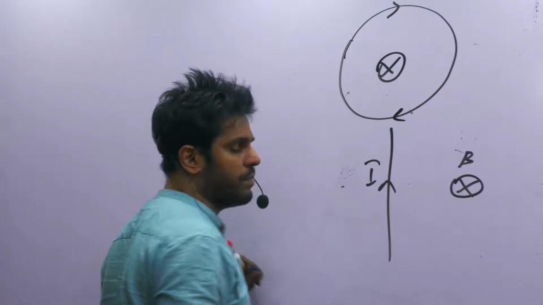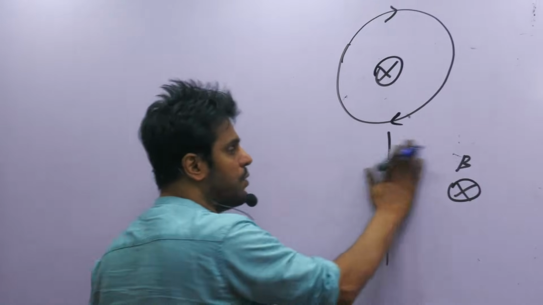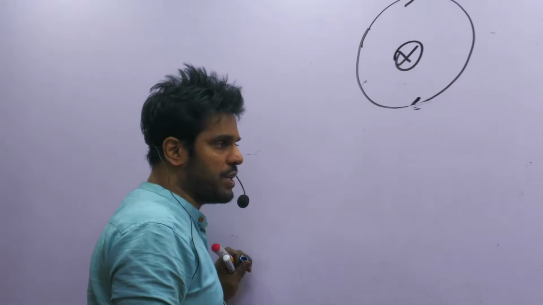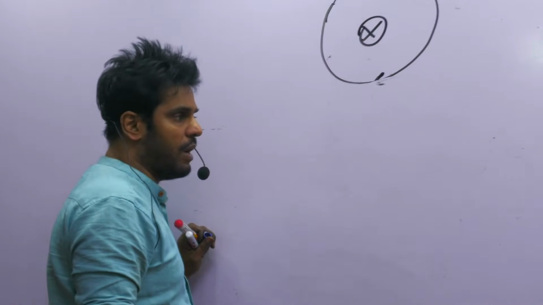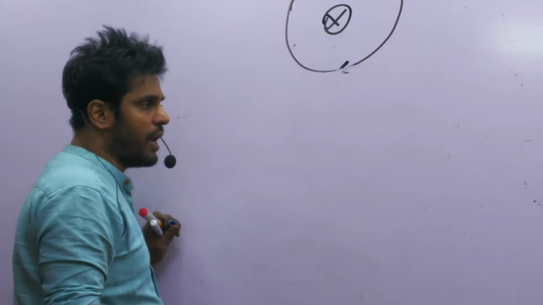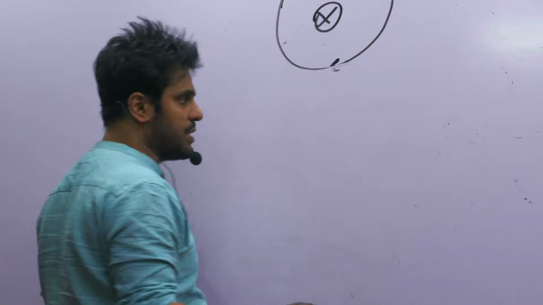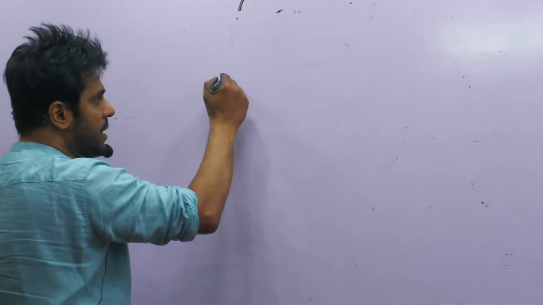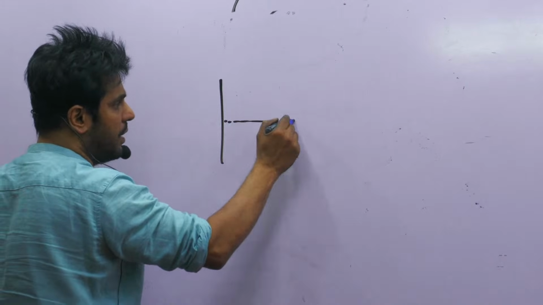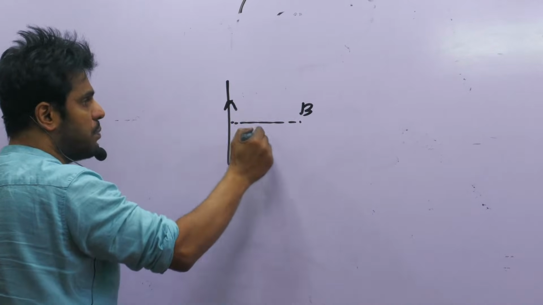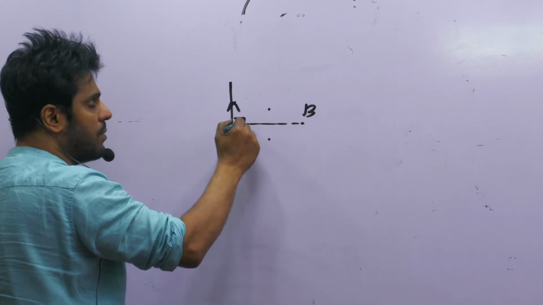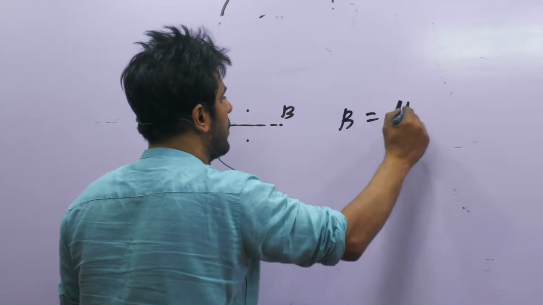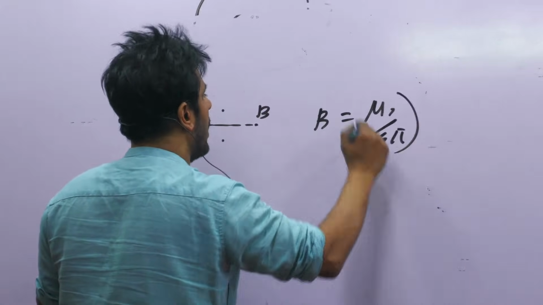Next one, we have three general expressions to find the magnetic field. First one, when the current exists on both sides from the necessary point, B is given by mu naught divided by 4 pi.